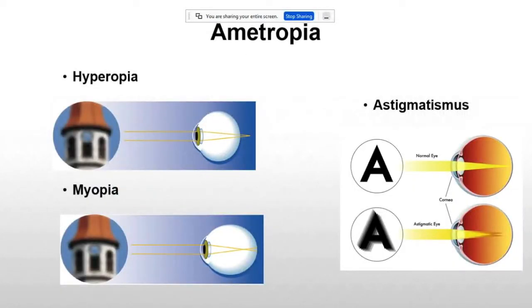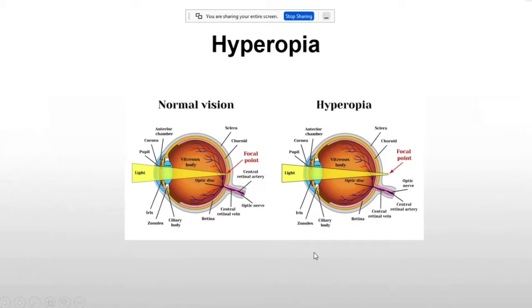As we said, we have hyperopia when parallel rays meet the refractive structures and the focus falls behind the retina. Myopia is when the focus is in front of the retina. In a myopic eye, we can have normal refraction of the cornea but a longer eye, so the focus falls in front of the retina.